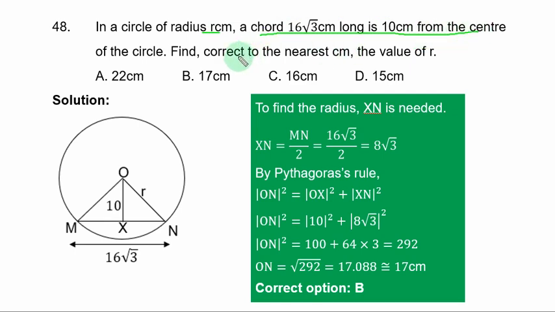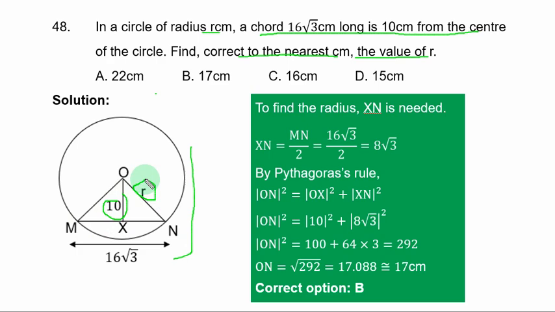Find, correct to the nearest centimeter, the value of R. This diagram represents the information. A chord is the line that joins any 2 points of a circle together. So the chord is MN, and the chord, its distance from the center is 10, and you have radius.